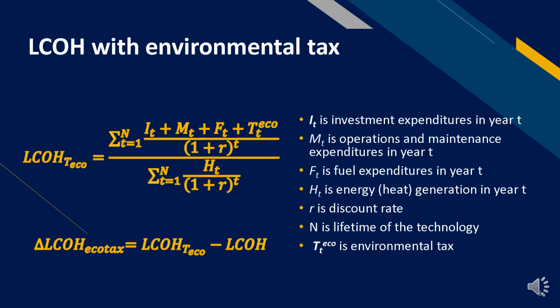The difference of LCOH with and without environmental tax is calculated for an increase in eco-tax rates by 50% and 4 times according to Ukrainian bills, and the eco-tax rates in Poland, one of the lowest in the European Union, and Sweden, highest in the European Union.